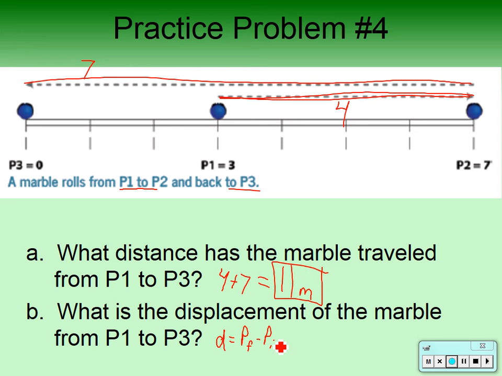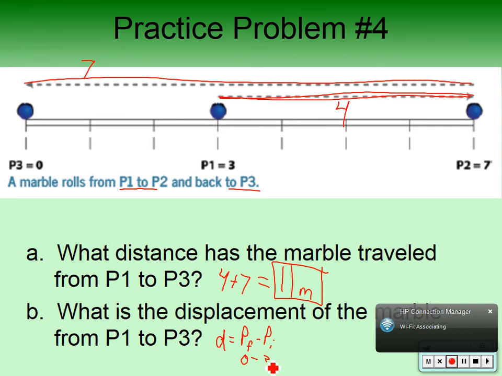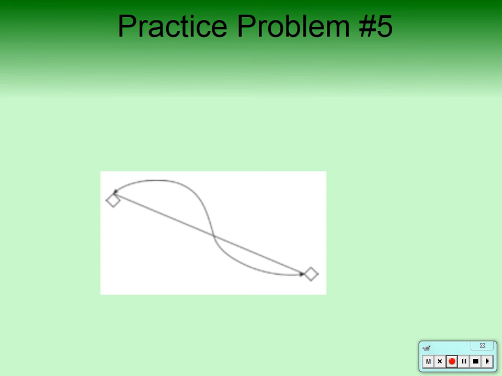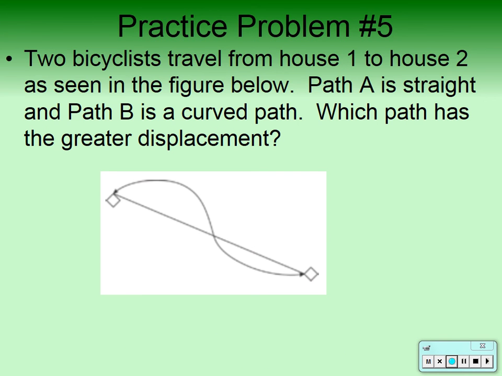Let's plug in a value here. That's 0. So we've got 0 minus, what was the initial position? 3. What is 0 minus 3, guys? Minus 3. And we're talking about meters, so I'm going to circle that. Can something really go at minus 3 meters? Well, no. What does the sign tell us here? 3 meters to the left. That this marble ended up 3 meters to the left. Okay, good job. How many of you guys got that right? Good. Okay, practice problem number 5.